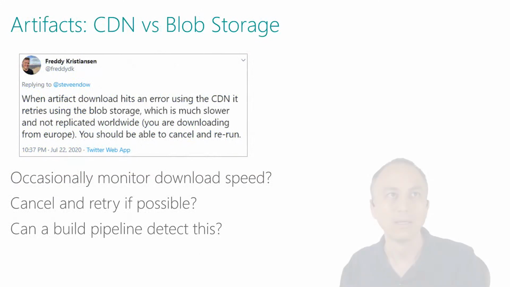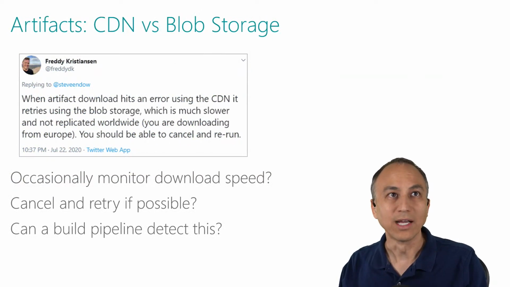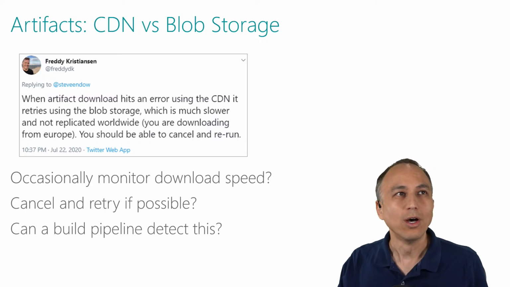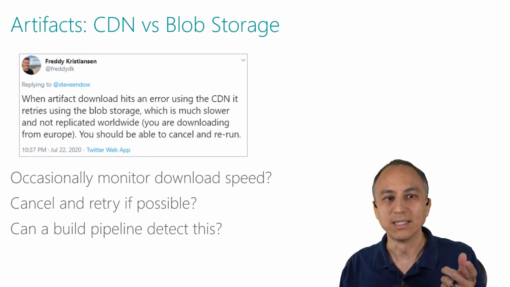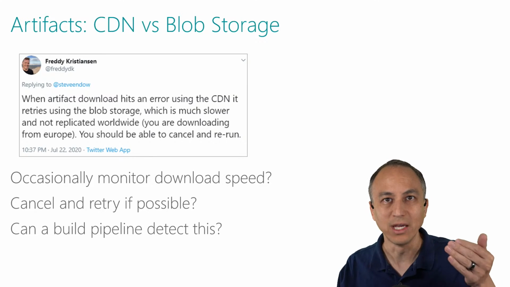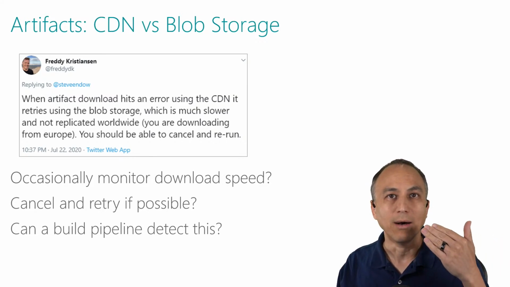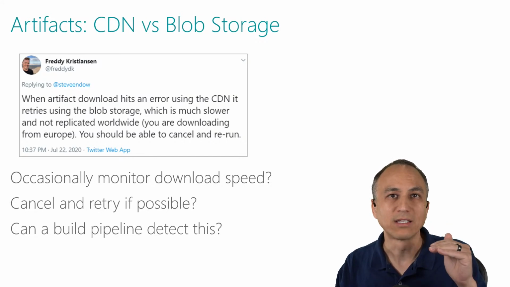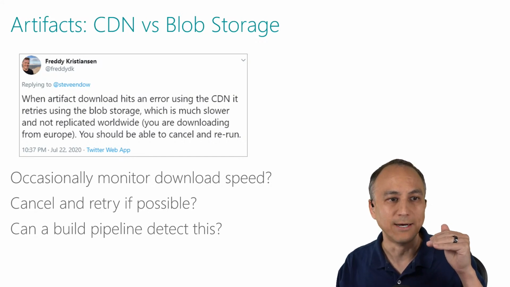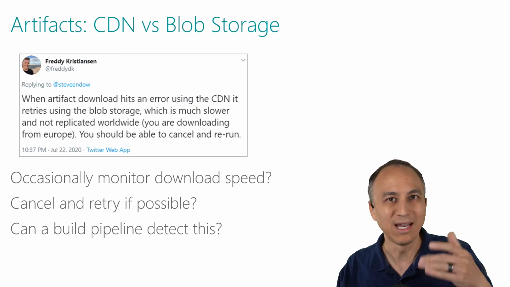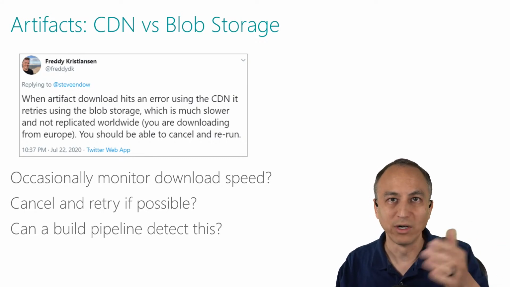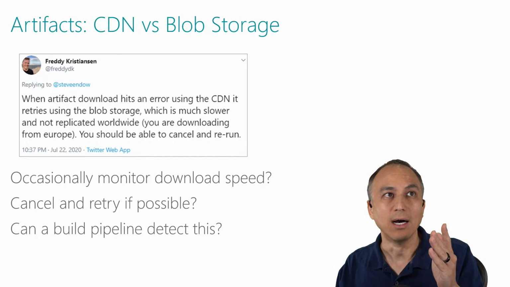If I can find the right button. Oh, there we go. Okay, so the answer appears to be that for whatever reason, NavContainerHelper on my server, my VM, encountered some type of download error, had an issue downloading the artifact from the content delivery network or an edge server, whatever infrastructure is being used.